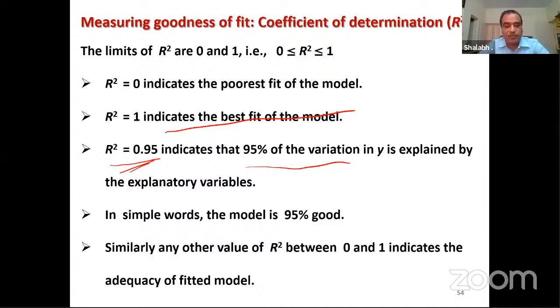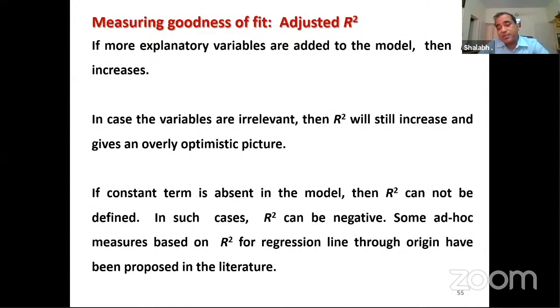Similarly, if you take any other value of R square, possibly that will give you an idea of how good the model is, right? But this R square has a problem: the value of R square increases as the number of independent variables increases. So the drawback is that even if you add a garbage variable, the R square will increase, and that will indicate as if your model is getting better and better, but that will be a wrong statement.